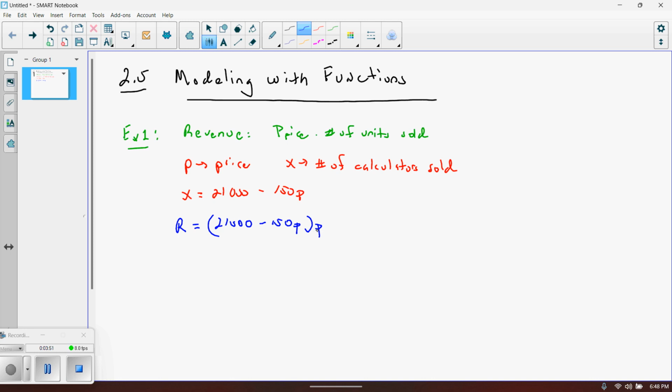And again, that should make sense. The revenue is kind of like how much money you're bringing in. So you're going to take however many things you're selling times however much it costs to sell them, and that's going to be your revenue. So there's an expression for the revenue.